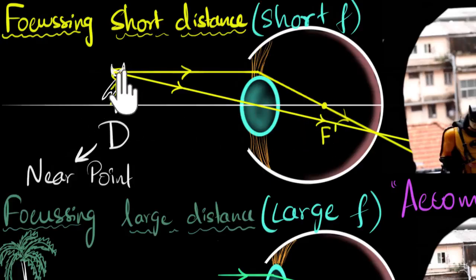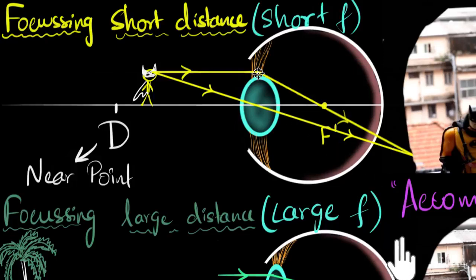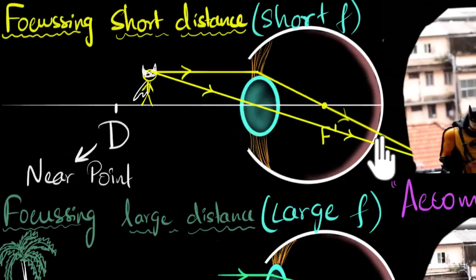And now if Batman were to come even closer, well, now the ciliary muscles can't push anymore. We have reached our limit, and so we cannot shorten the focal length anymore. And as a result, this ray of light cannot be focused on the retina anymore. It can't, because it needs to have a smaller focal length. And so as a result, the focal length will not get shortened anymore, and so the rays of light will no longer get focused.